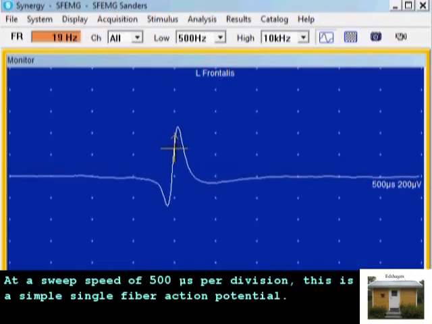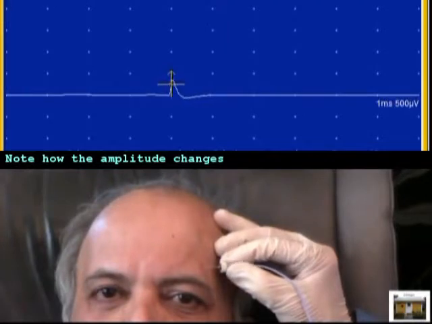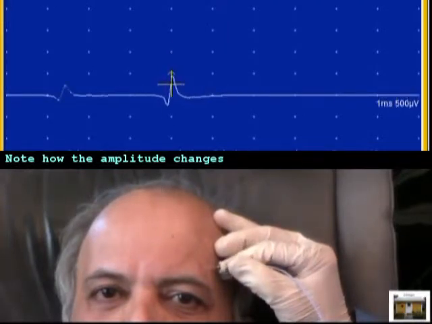This is a simple single fiber action potential. Note how the amplitude changes with slight rotation of the needle.